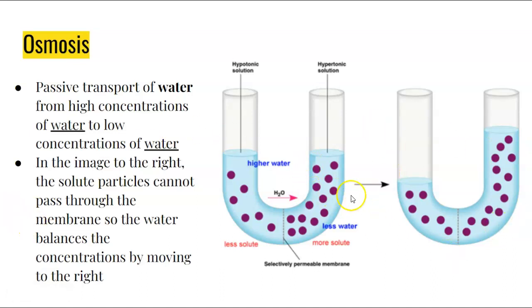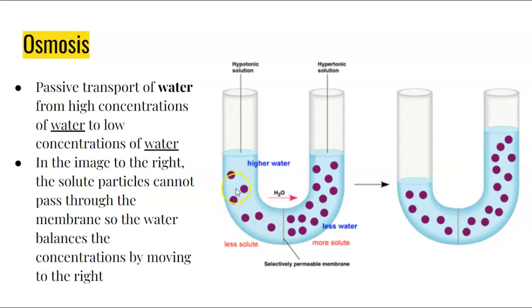So in this image here, you'll notice that this membrane is really small. The openings are really small, and these solutes cannot pass through the membrane, so instead the water is going to move through the membrane so that it equals out the concentrations.